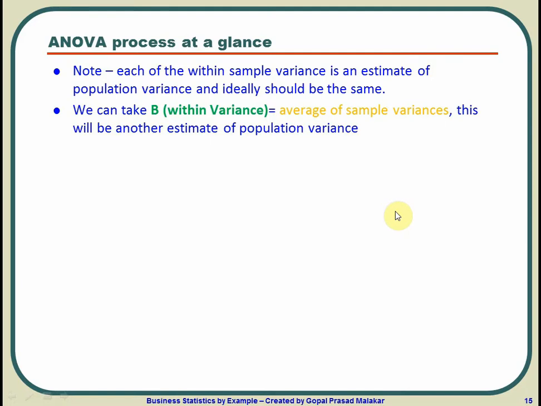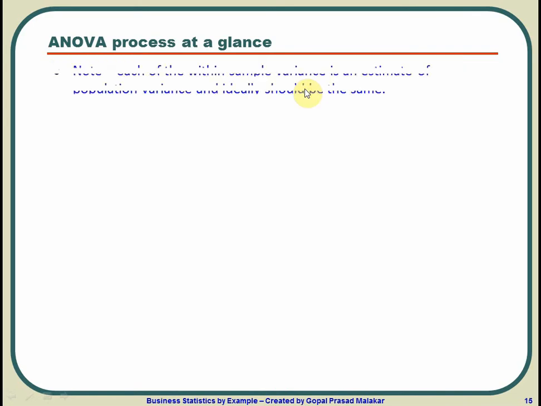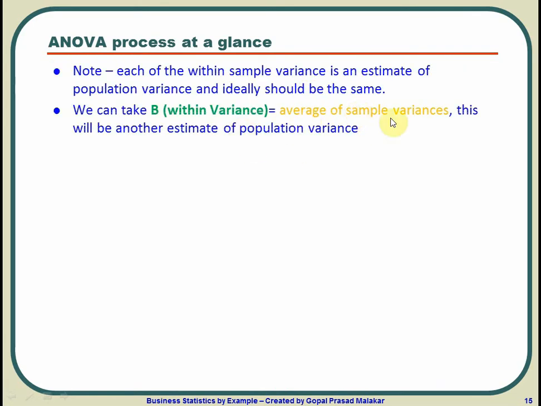Now think of way A, where you calculated the between sample variance, that is n times the variance of sample means. That's one estimate of population variance, and this is another estimate of population variance, where you are talking about the average of within sample variances. Shouldn't it be the same? If you take the data from the same population, then ideally these are expected to be the same.